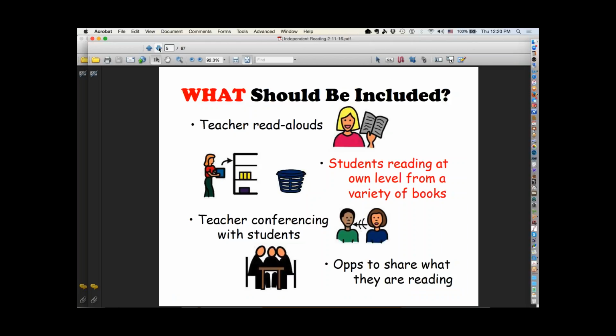Some of the issues that are included in that block, the self-selected reading, are teacher read-alouds, students reading from their own level from a variety of books, then teachers conferencing with students, and they have opportunities to share what they're reading, not through icky, boring book reports, but just in engaging interpersonal ways. You can see that I put in red students reading at their own level from a variety of books, so that's what I'm going to be talking about today.